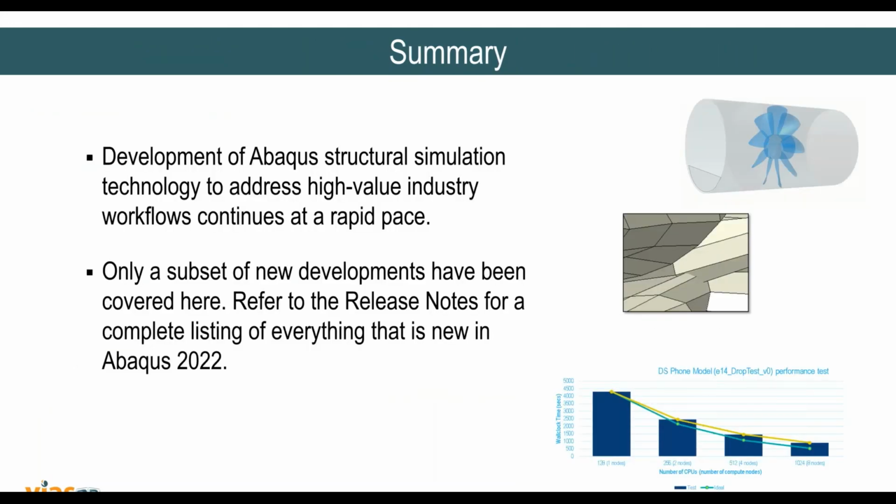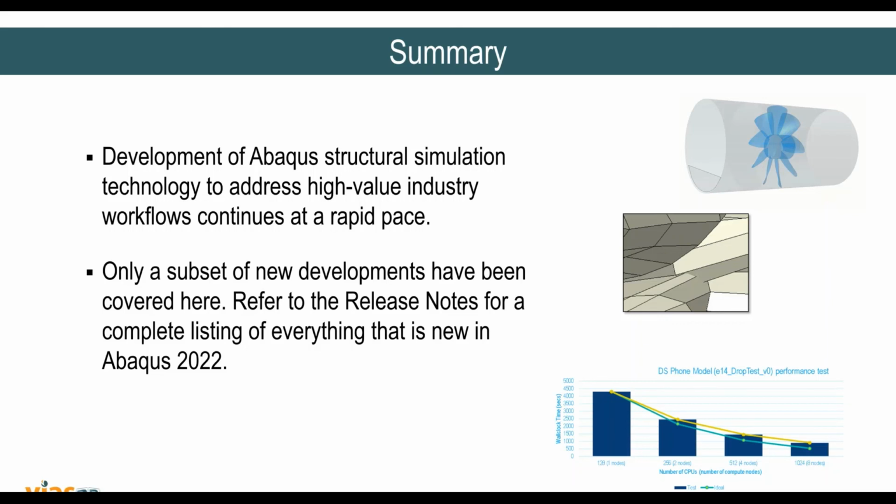And I would like to summarize with this slide that as part of the continuous development of Abaqus, we are committed, and there is a continuous development process going on for Abaqus structural simulation technology to address high-value industry workflow at a very rapid pace. And here I've presented some of the chosen functionality enhancements, but there are many more, specifically related to linear dynamics, fracture mechanics, and so on.